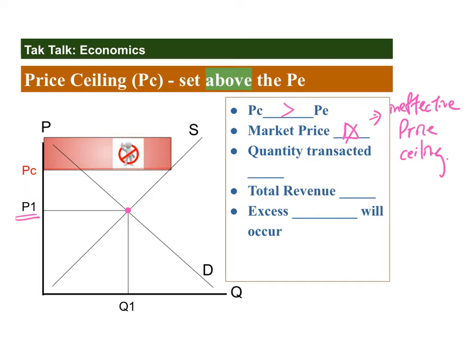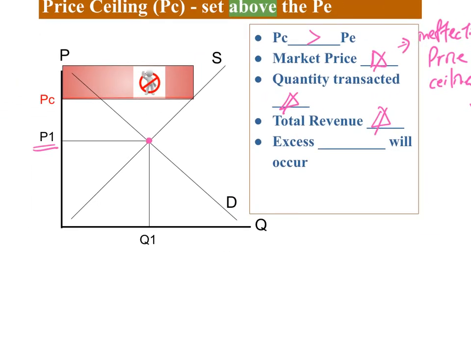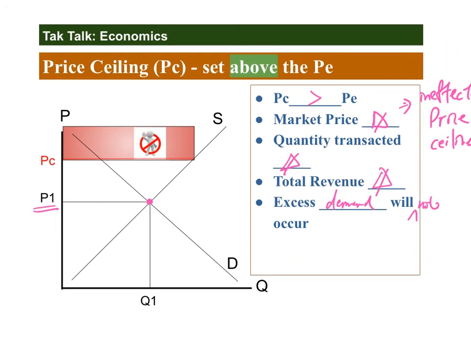Okay, so no market price change and no quantity change, so no total revenue change. No change, everything stays at the equilibrium. So excess demand or supply will not exist. Okay, so that is what an ineffective price ceiling is.